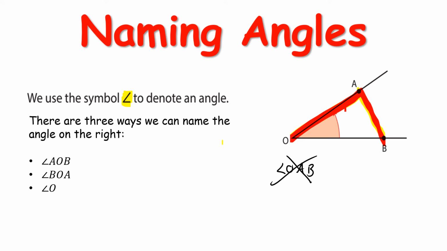You're drawing this angle here. So order is very important. Notice that the letter O is in the middle of all 3 ways to name that angle. So that O must be in the middle, and O is where the point or the vertex of the angle is.